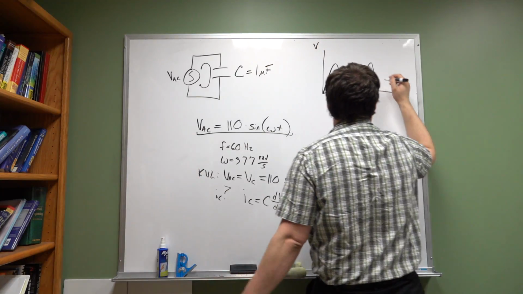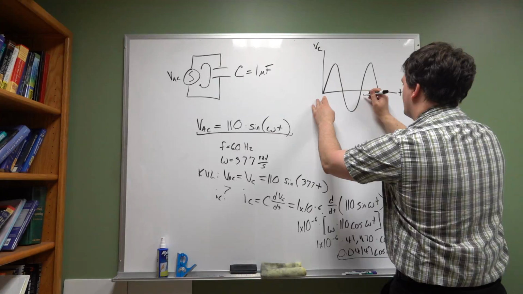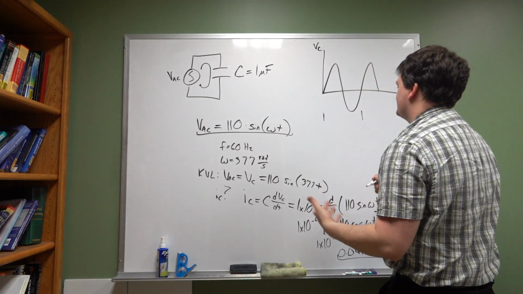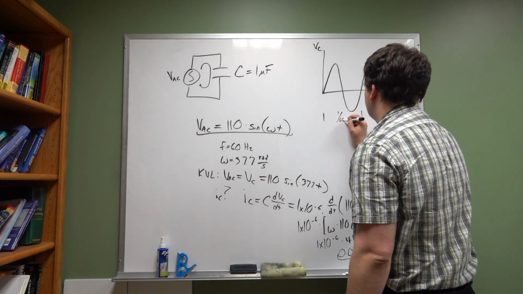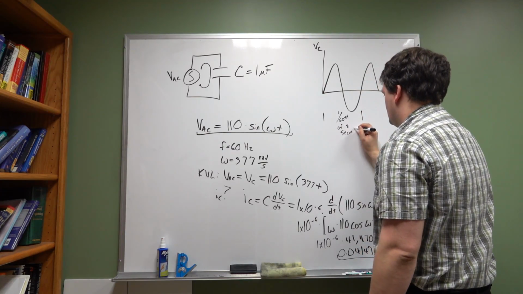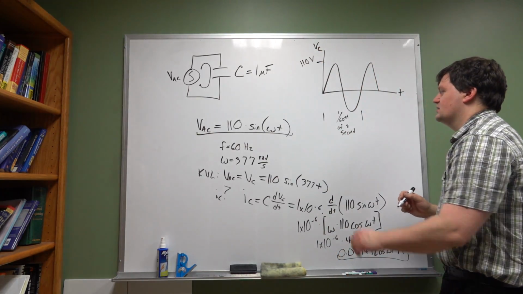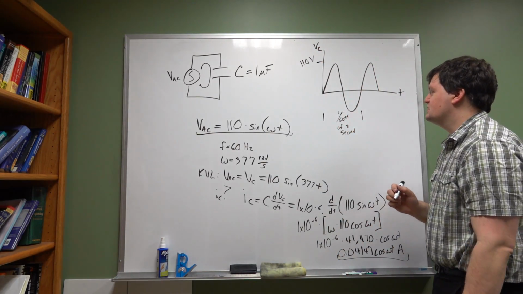So this is VC versus time. Here our period is 1/60th of a second. Here our amplitude is 110 volts. It goes down to negative 110 volts.